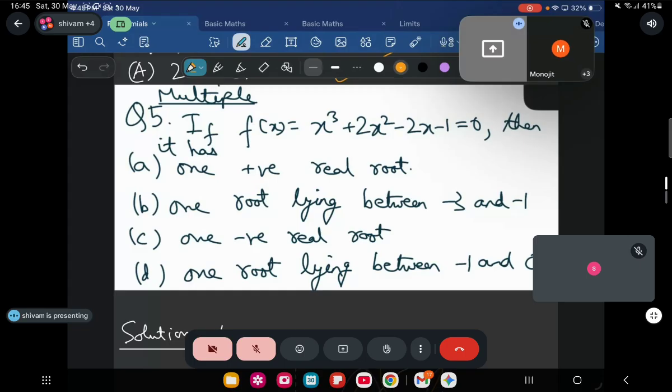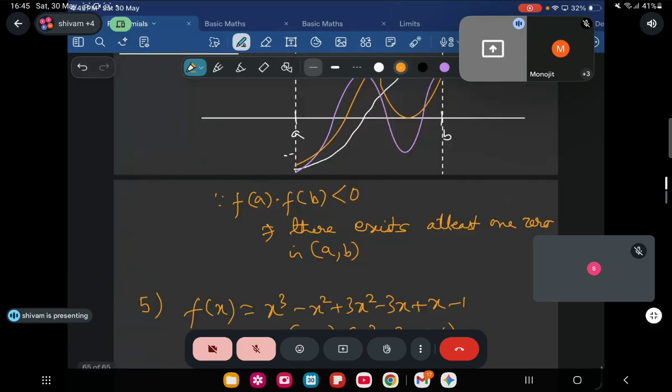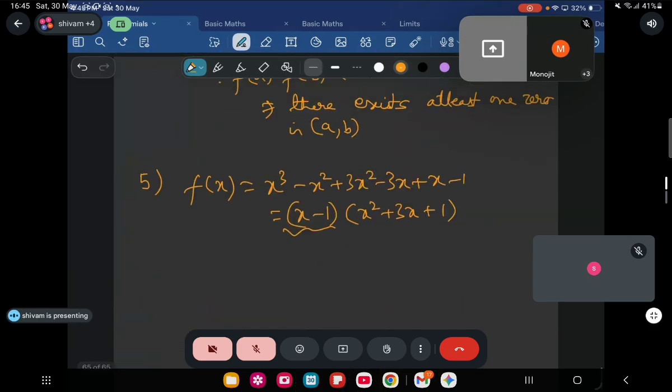Tell me, are people getting one root lying between -3 and -1? So let us say that this is g(x). Let us check whether one root lies between -3 and -1 or not. So everyone, what is g(-1)? Substitute. g(-1) is equal to -1.